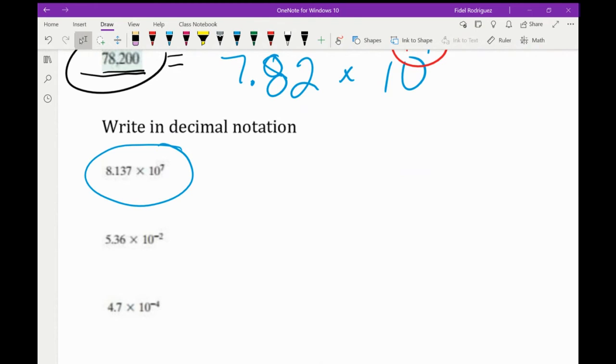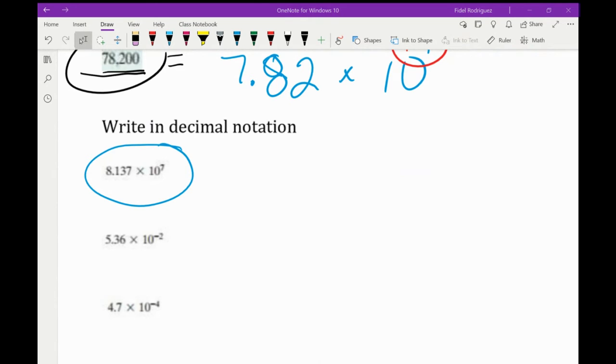So my question to y'all before we do this problem is, would you all say this number is big or would you all say this number is small? Anybody know? Would this number be big or small? Big, yes, definitely. It's going to be a big number because our exponent is positive, right?